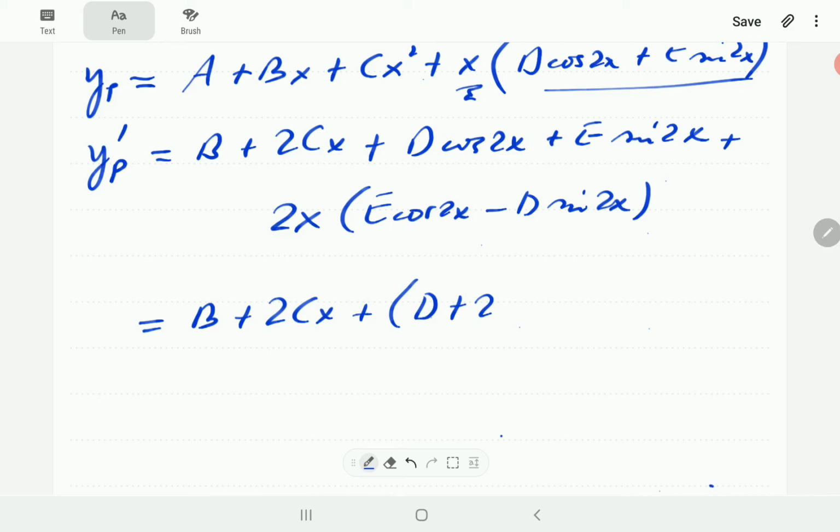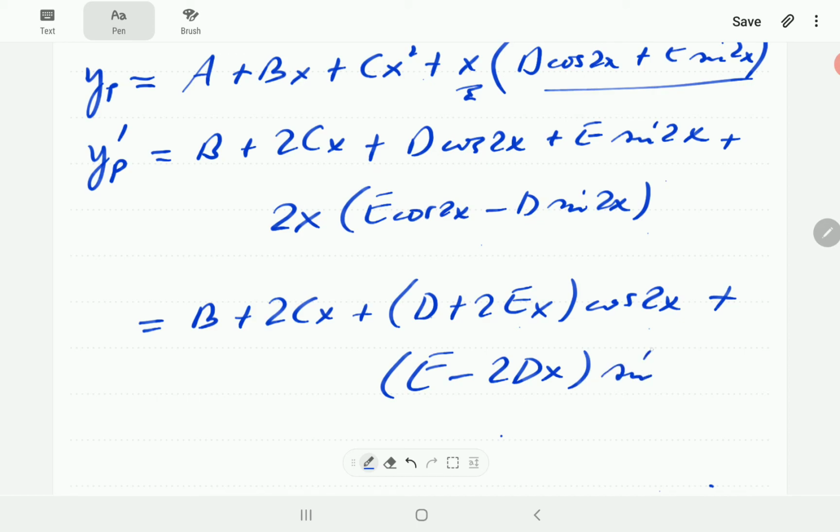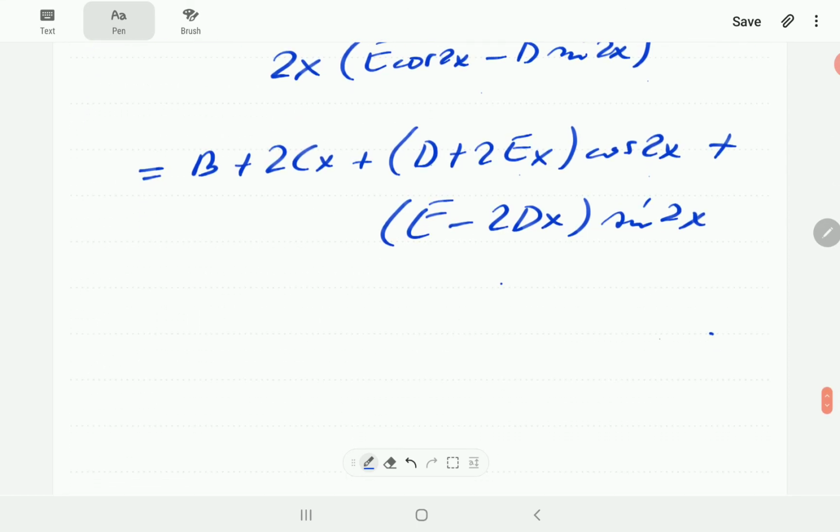So that is going to be d plus 2ex cosine 2x. And then the other term is going to be plus e minus 2dx sine 2x. So that's going to be yp prime.